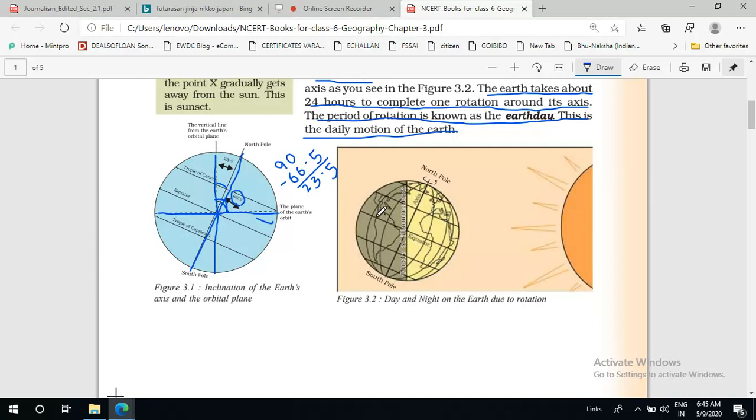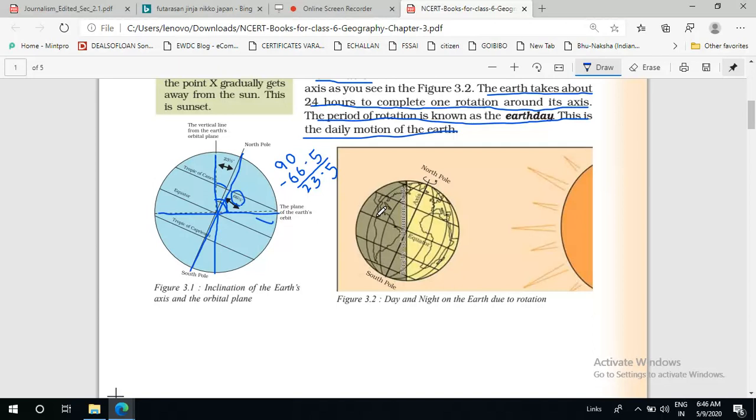In that part there will be extreme heat, and the part which is not receiving the light of the sun at all, and which is experiencing nighttime, will have extreme cold. So this is another impact of rotation, that because of rotation there is balance in the temperature also.